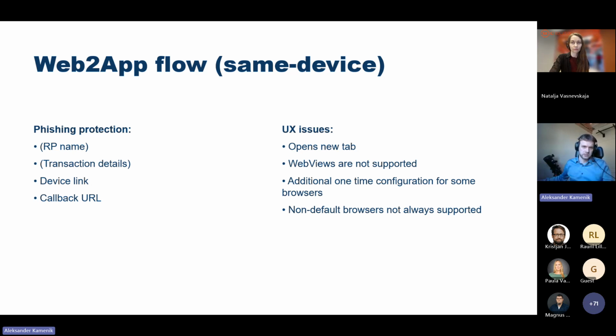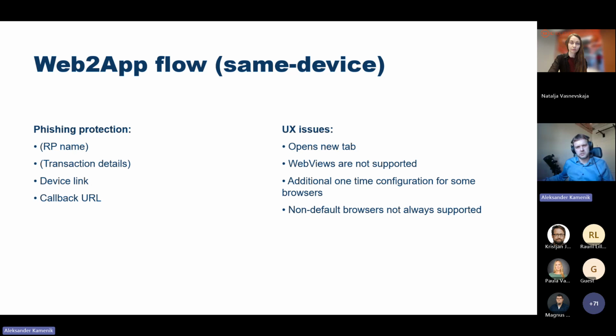There are a few UX issues you might want to keep in mind. Whenever that callback link is called, a new browser tab is opened on the mobile browser of the user, which is not really a problem, but just to be aware of. Web views, or embedded views, are not supported. For example, if your website is opened from within Gmail, we can't do a callback to that view.